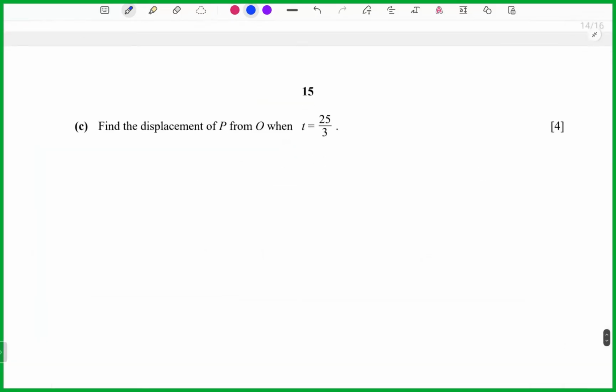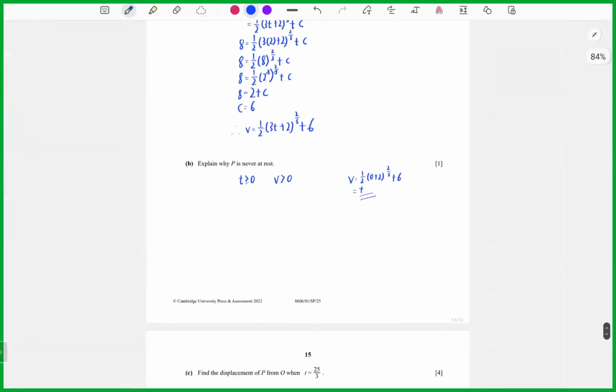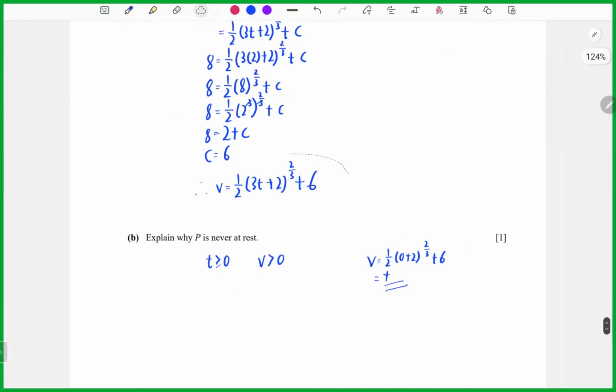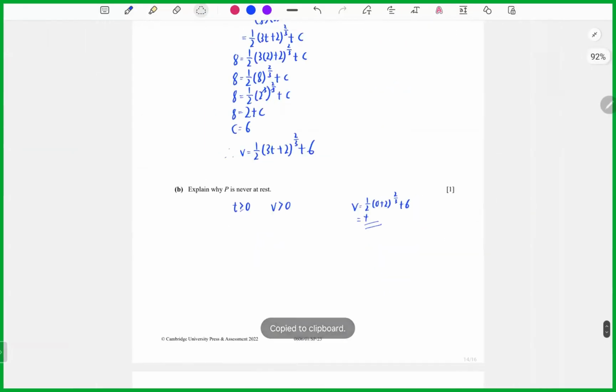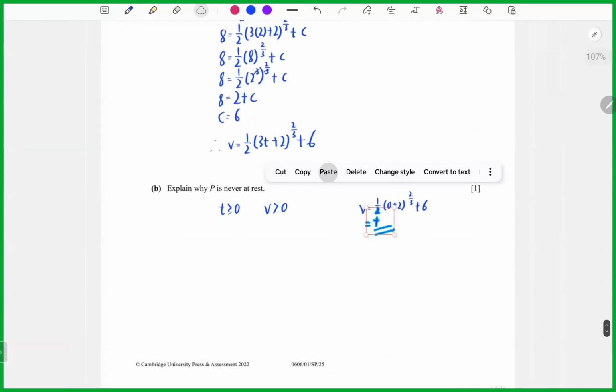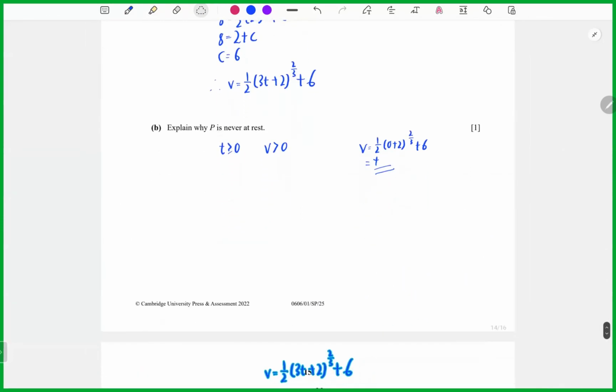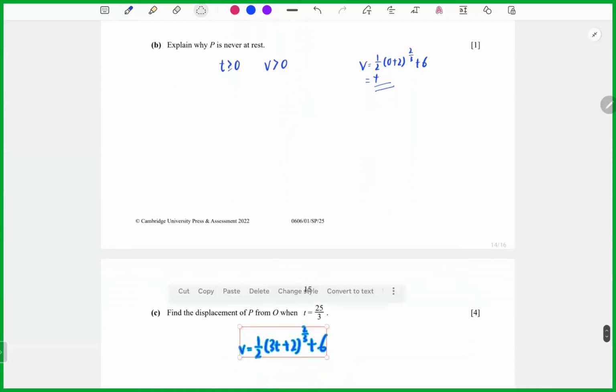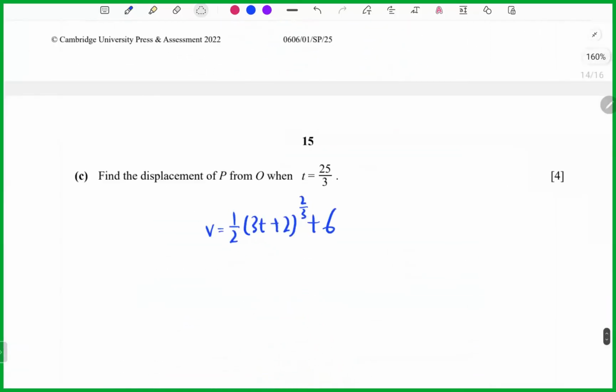Okay, let's see part C. Find the displacement of P from O when t equals 25/3. We can copy the velocity equation first. Now I need to integrate. s equals the integral of 1/2 (3t + 2)^(2/3) plus 6 dt.